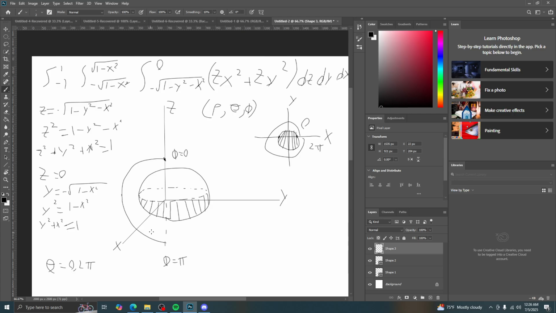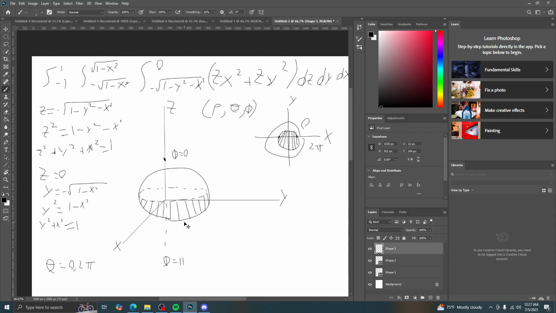This is half of a circle, right? Whereas with theta, you're going around the whole 2 axes, so you're going 2 pi, a whole circle. Phi just revolves around the z-axis, so it starts on the positive z-axis and ends on the negative z-axis, and if it goes through the whole thing, that means it's going from 0 to pi.